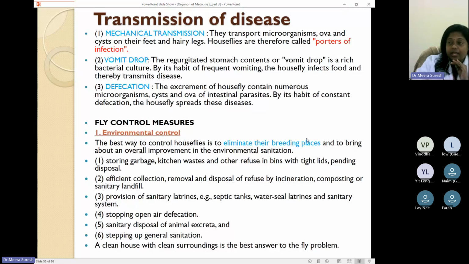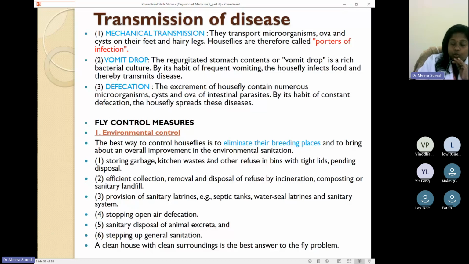What are their habitat, and to remove them or to make that area clean, so that they don't have a habitat to breed or to flourish.